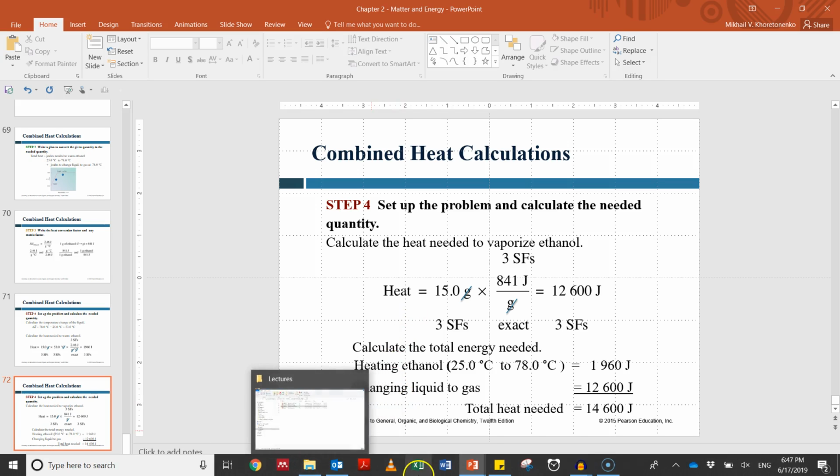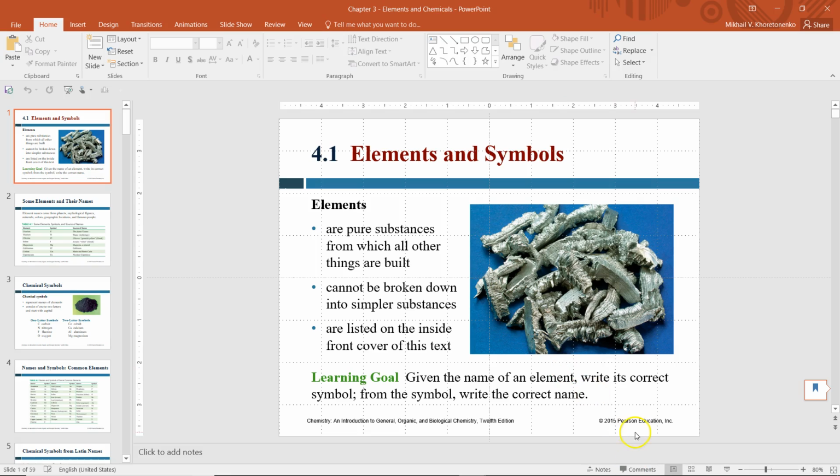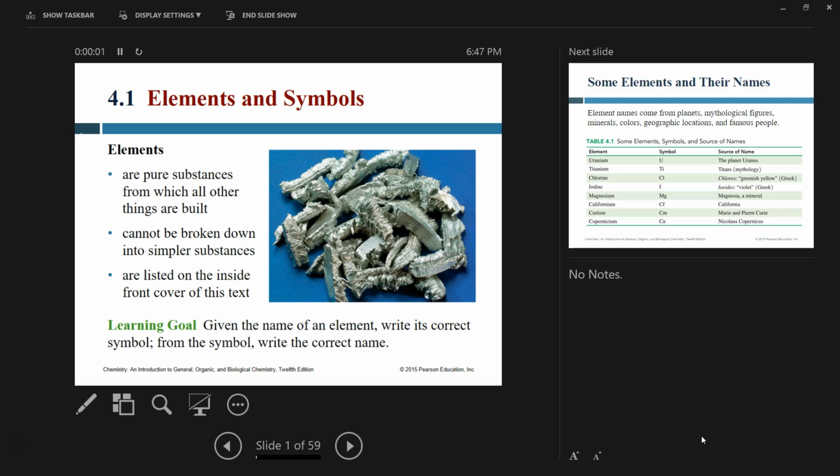We're going to start the next one, which is going to be, let's say, more chemical. Now, chemistry, being an extremely elegant science, a logical science, requires a good deal of memorization.